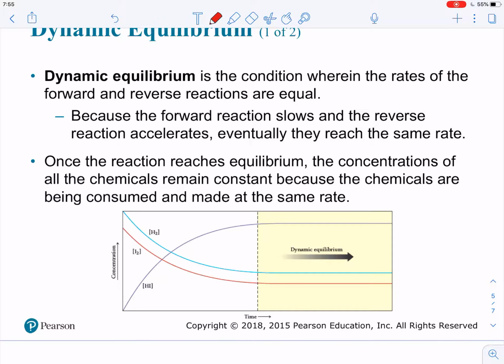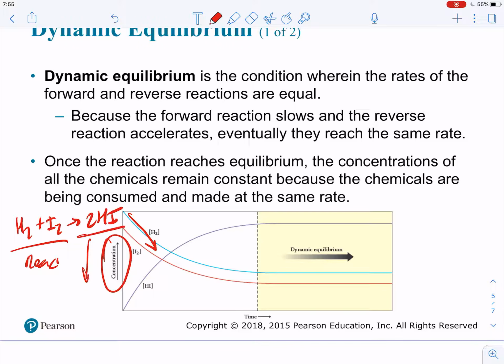So this is what we are seeing here, right? But when it comes to dynamic equilibrium, the concept is that those reactions will constantly happen. Now, the equilibrium comes from the fact that if you look at the concentration, in this reaction, H2 plus I2 goes to 2HI. So these are the reactants, and the concentration of reactants will decrease, and this is the product, and the concentration of product will increase.